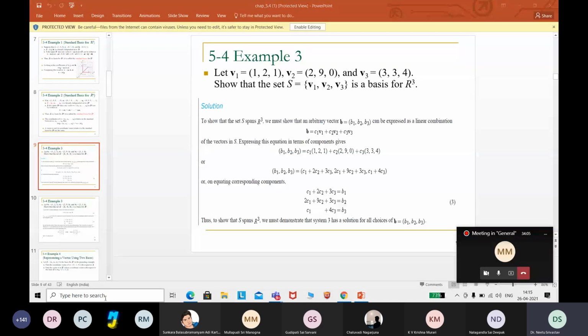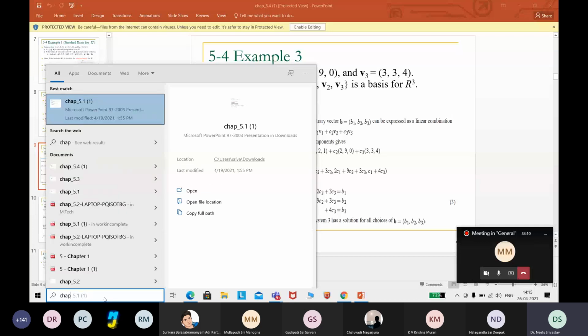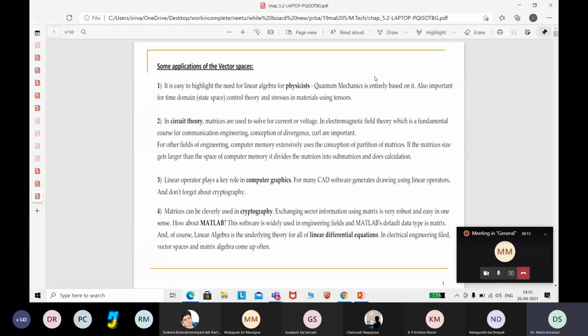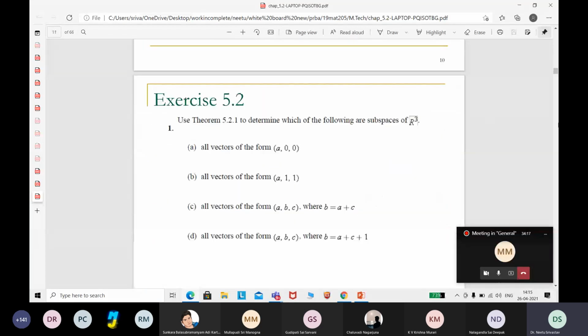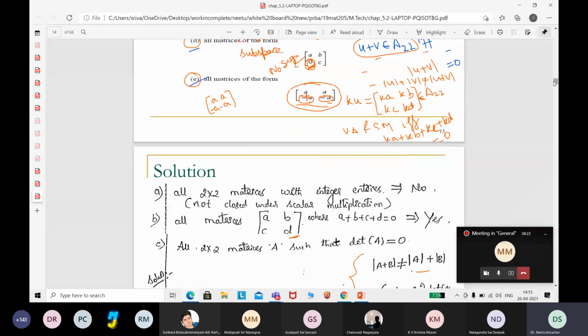I think I have actually done this in the last class, where I was telling you B1, B2, B3.